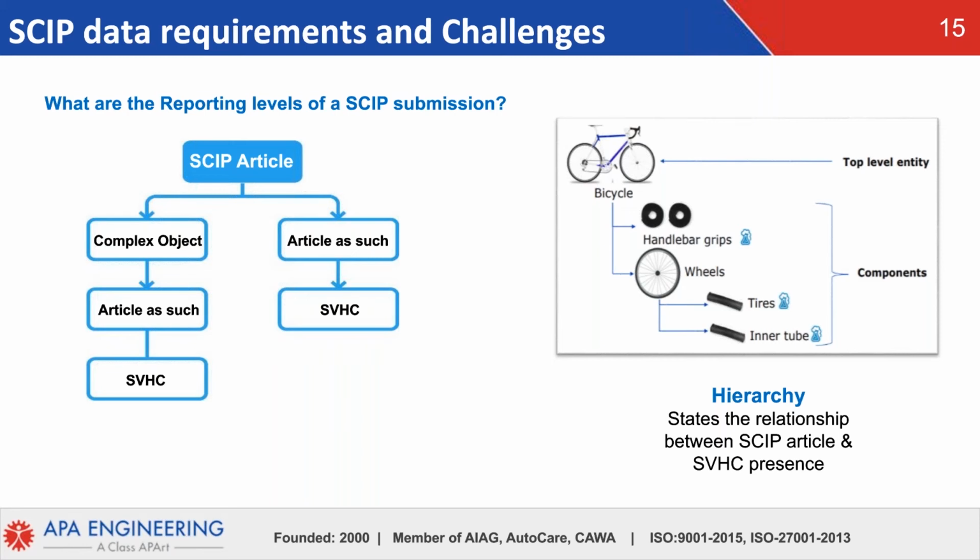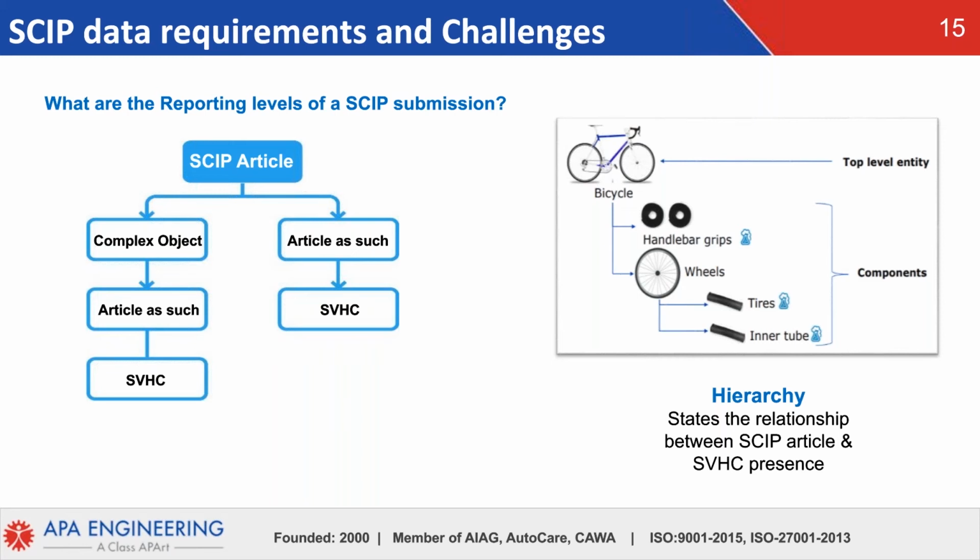As my colleague Karen stated, due to the recent addition of 2 SVHCs, if the part is made up of either plastic or rubber, like in tires or tubes or handlebar grips in this example, the probability of having these 2 new SVHCs is high, and the customers must go back and check with their supply chain on these 2 SVHCs' presence.